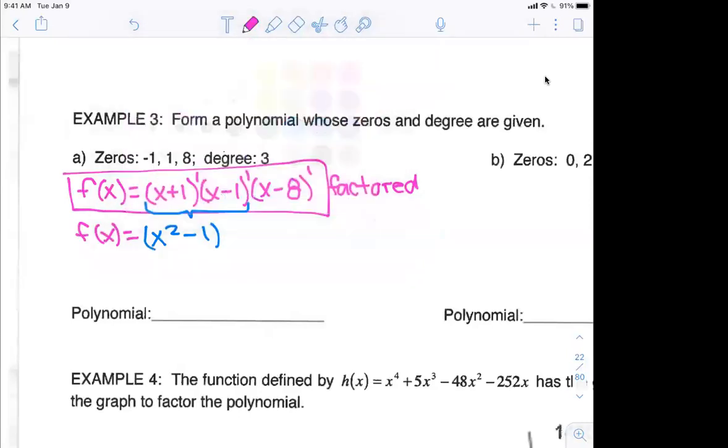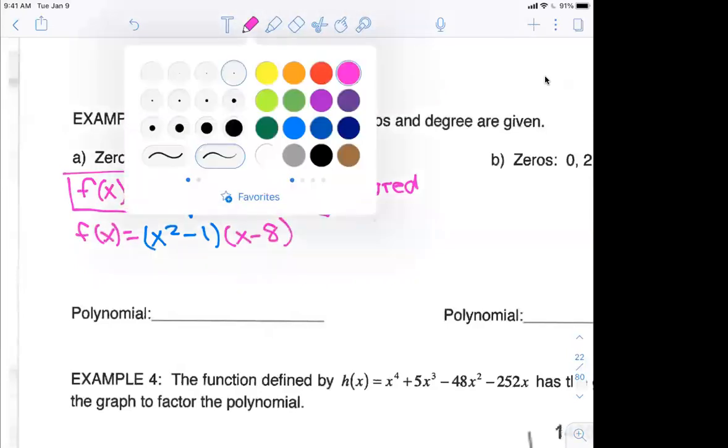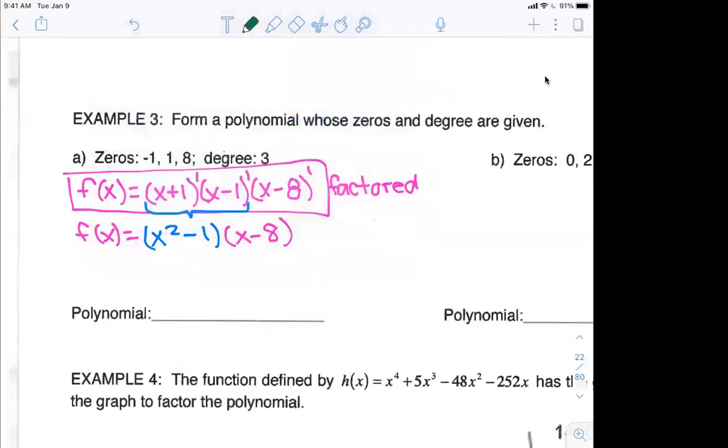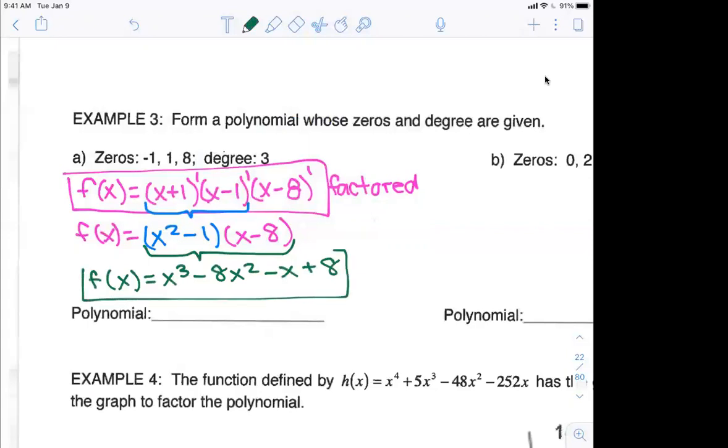And then if I brought down the x minus 8, and I did that again, so now you would have to multiply these 2 polynomials. That would end up giving you x cubed, so I'm foiling here, minus 8x squared minus x plus 8. So that would be the answer if they wanted it in standard form.